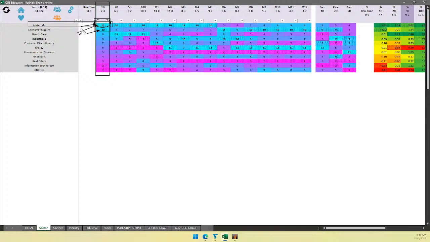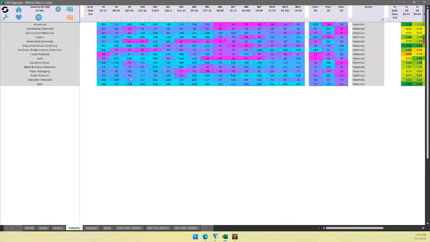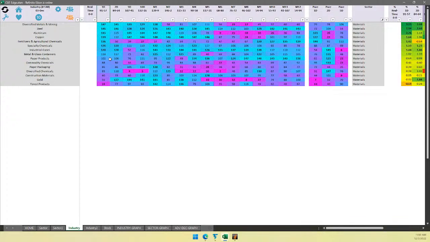In any case, in top down, I would have drilled down into materials first because that is the strongest sector. Let's do that with a single click. Go down to all the industries in material sector. Again, sort them by Friday's performance and see the scores.